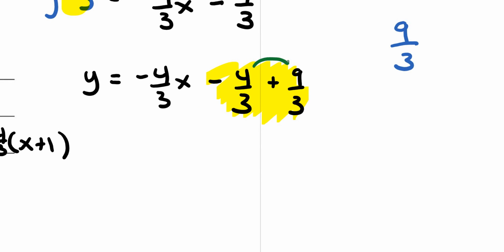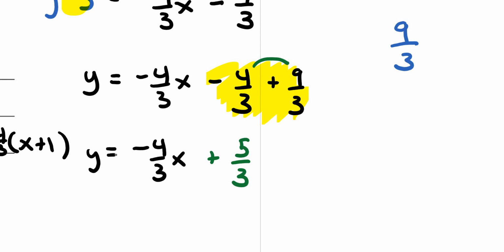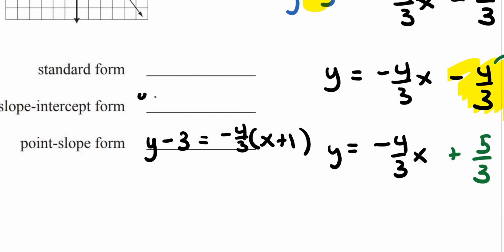So -4 plus 9 is going to be +5, so 5/3. And then I have this -4/3 over here, and then y equals. All right, so there it is. There's my slope-intercept form. y equals -4/3x plus 5/3. So if I just write that over here, I get y equals -4/3x plus 5/3.